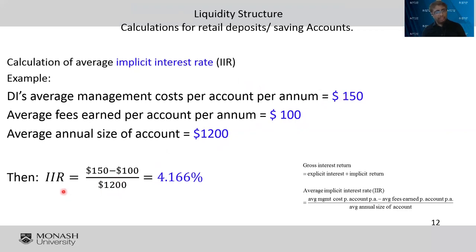They can calculate the IRR. So they take 150 minus 100 over the 1,200. You cost them actually 1.66%, because they are providing services for 150 and they charge you only 100.